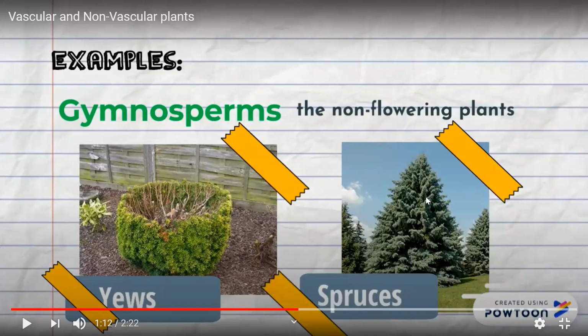Also, this big tree doesn't have flowers or fruits, but it's also vascular. It has tubes all over the tree to deliver water. Vascular looks like a tube or a straw, okay?